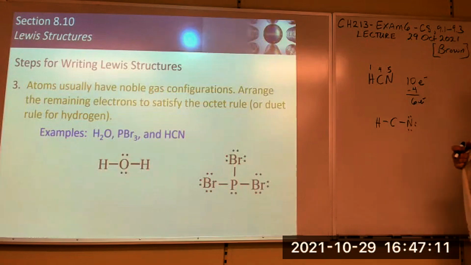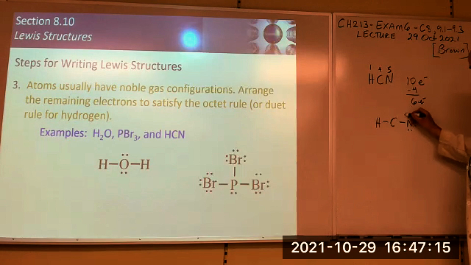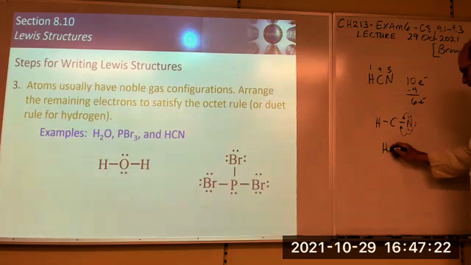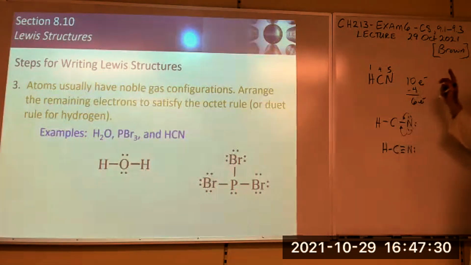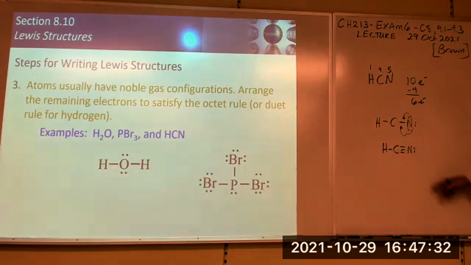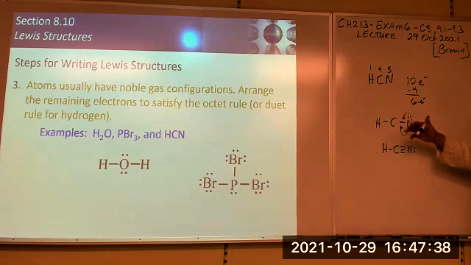Well, we make carbon feel like it's got 8 electrons. We take these 2, make another bond. Take these 2, make another bond. So now we have it like that. Let's see, 2, 4, 6, 8, 10. That way, carbon feels like it has an octet. Nitrogen still has its octet. Hydrogen has its duet. That's a valid Lewis dot structure.